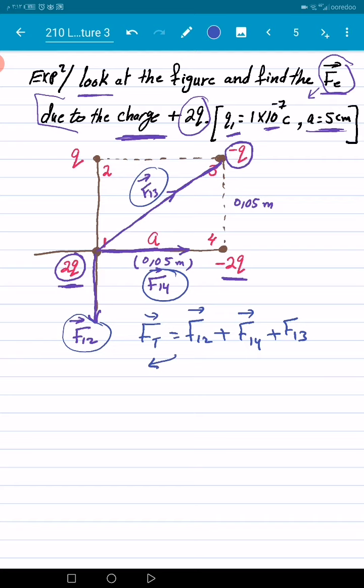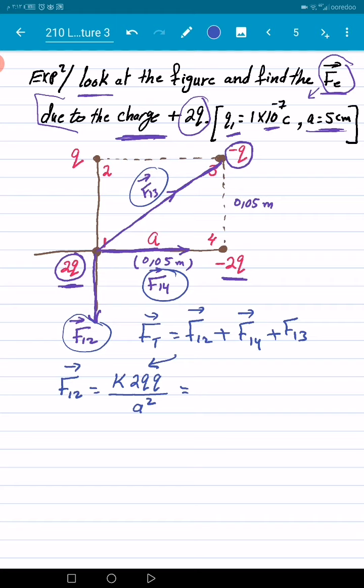Okay, apply my equation for Coulomb's law, F12. So it's equal to K, 2Q and Q divided by a squared. A squared is 0.05 squared. I write it a squared.